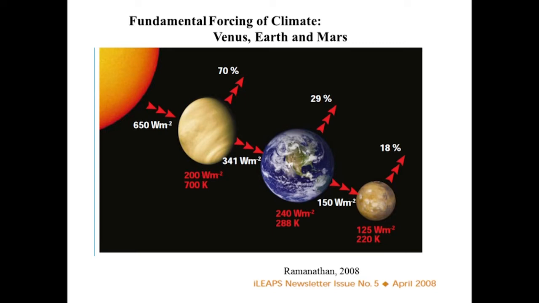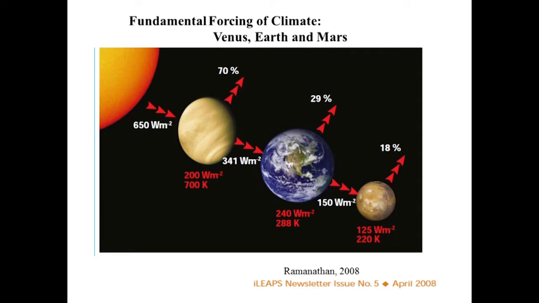Now let's ask ourselves, to understand the greenhouse effect, why is Venus so hot, 700 degrees Kelvin? If you look at the top of the atmosphere incident radiation, you would say, aha, it's a no-brainer. Venus is closer to the Sun. It receives twice as much sunlight, so it's hot. But Venus has 100% cloud cover, and it reflects 70% of the sunlight. The actual energy received by Venus is only about 200, less than Earth.